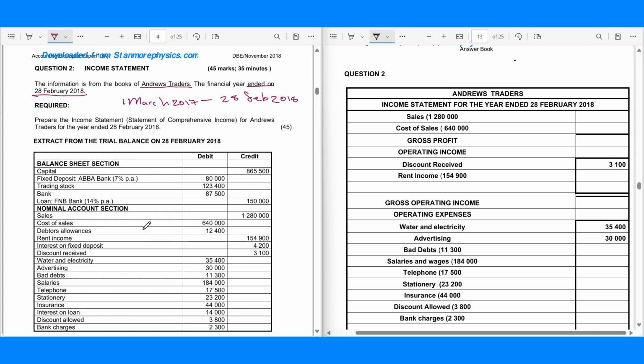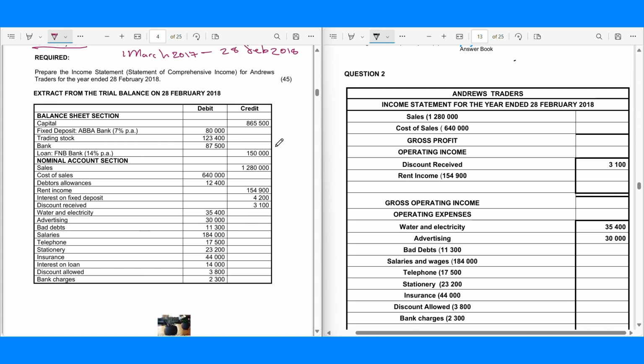Now our focus is on this part here, under the nominal account section. Also under the balance sheet section, we are going to consider trading stock and loan when we are preparing our statements, and also fixed deposit, and also provision for bad debt if it is there.